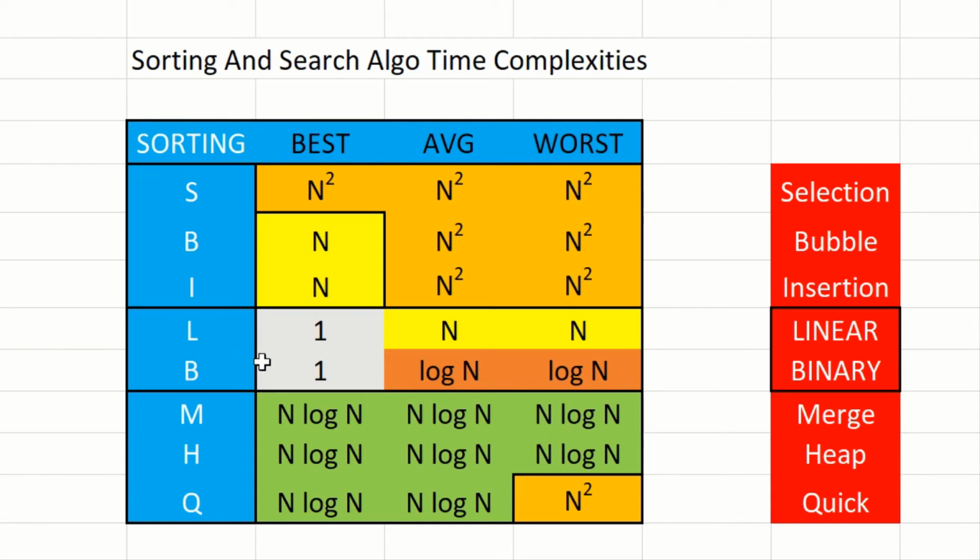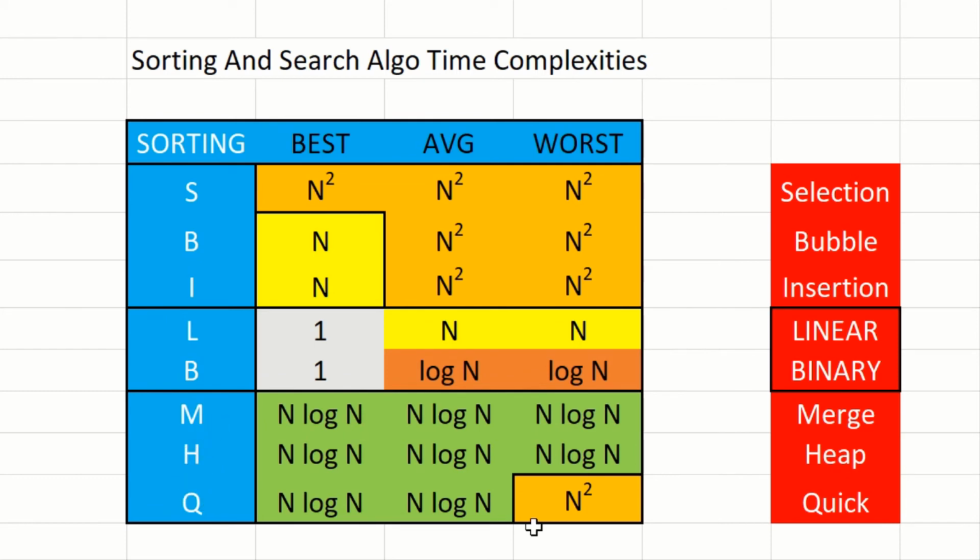The searching algorithms' best time complexity is big O of 1: when the element is at the first position, it need not get into the loop, so it will be found directly. Remember it this way: linear search and binary search. SBI Bank, LB Nagar, MHQ.